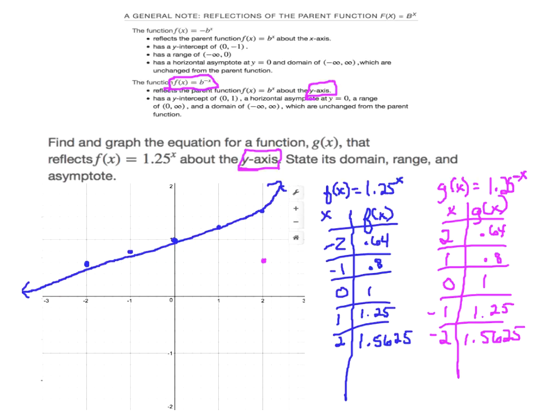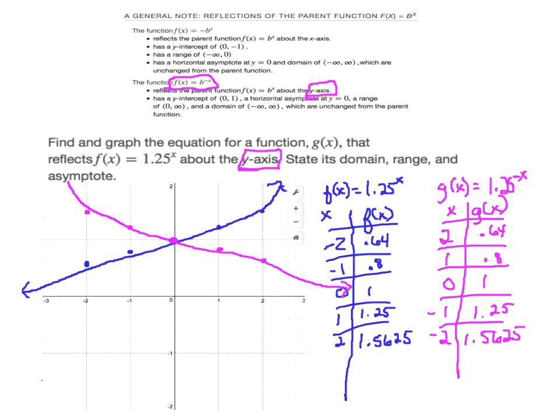+1, 0.8. 0, 1. -1, 1.25, -2, 1.56. Okay, so this comes like this, and then it's going to go towards that horizontal asymptote.